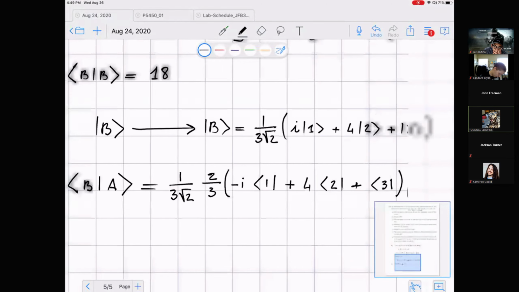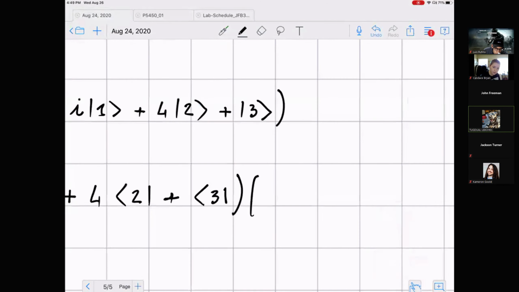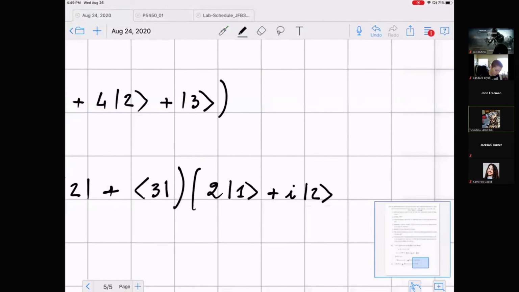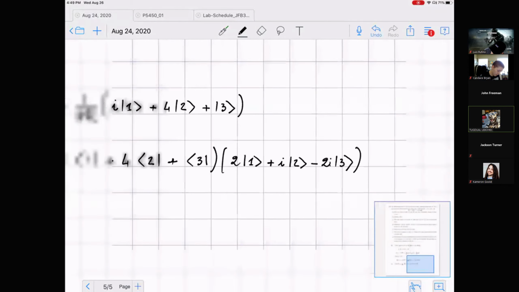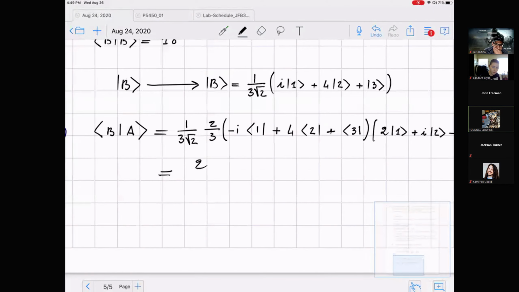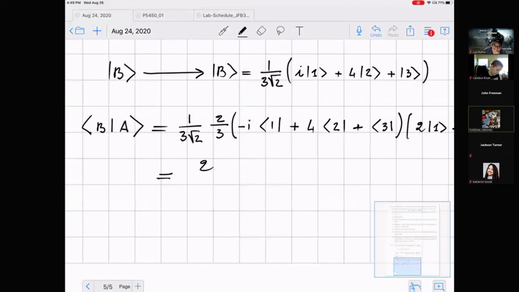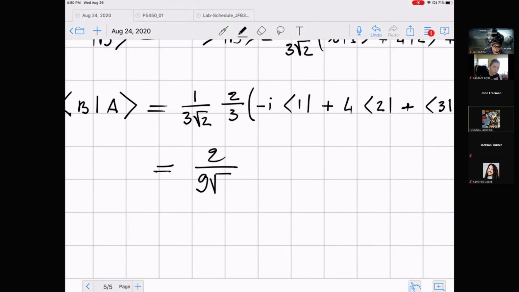2i minus 2. Okay, so that gives us 2 over 9, oops, over 9 square root of 2.